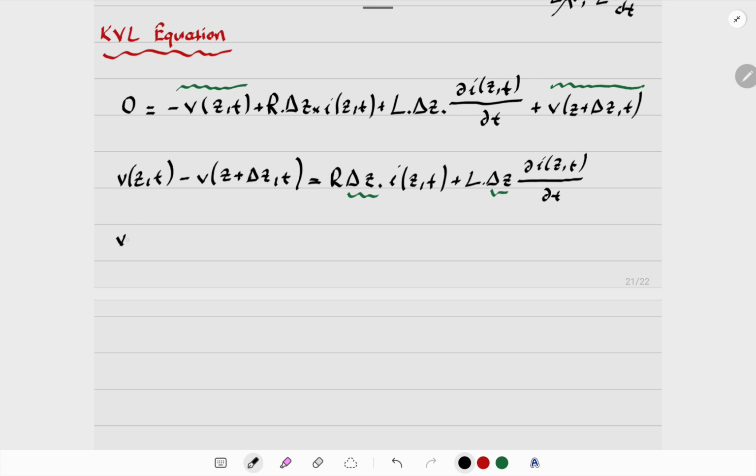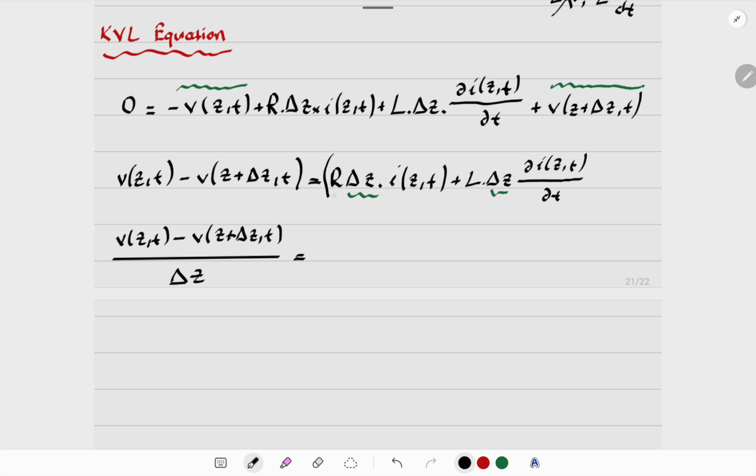V(z,t) minus V(z+Δz, t) divided by Δz. We're dividing both sides to get rid of these Δz's, right?